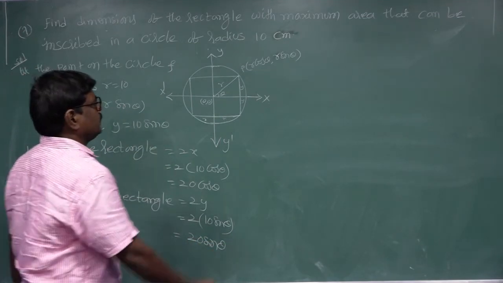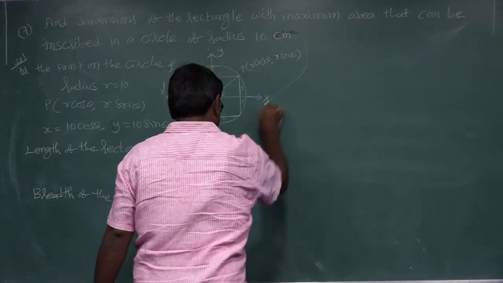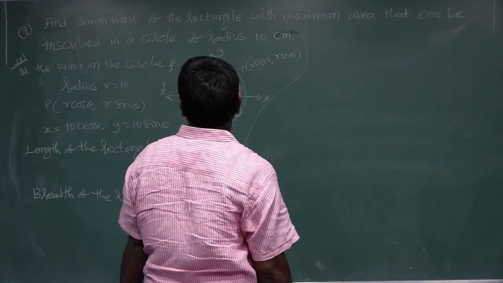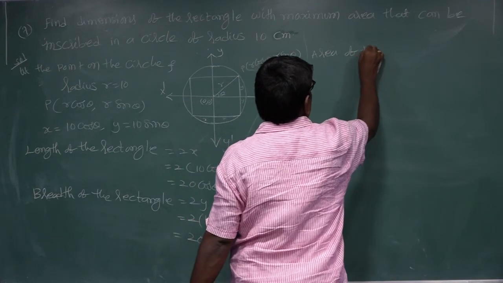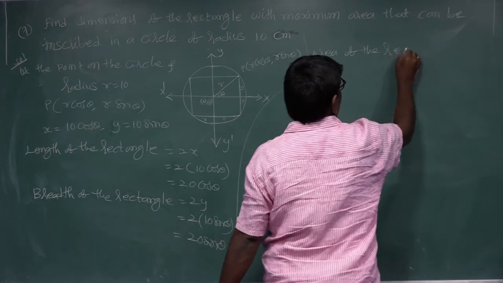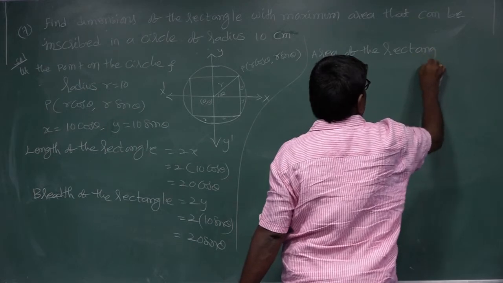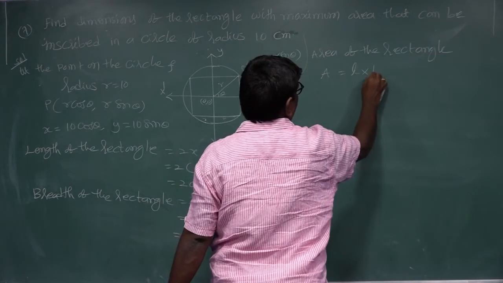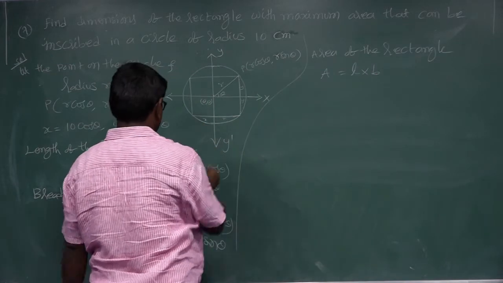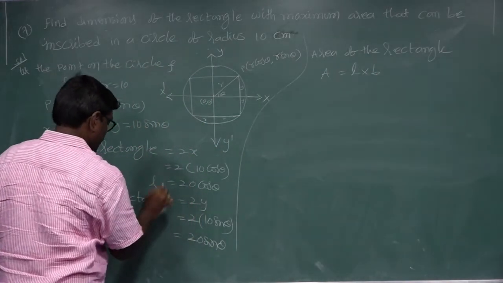Next, now the area of the rectangle, capital A equal to L cross B. This is the length L, this is the breadth B.